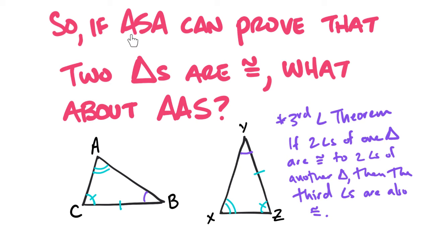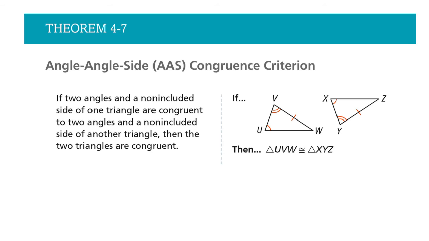So since ASA works, we can actually also say that angle angle side would also have to work because of the third angle theorem, making these remaining two angles have to be congruent to each other. So that gives us our fourth different congruence criterion for triangles.